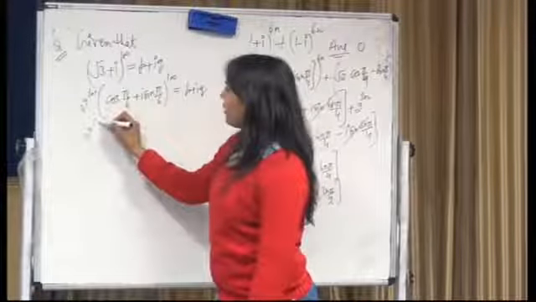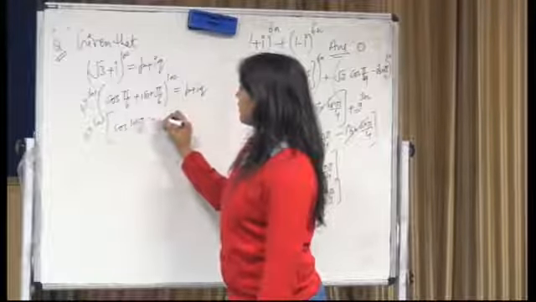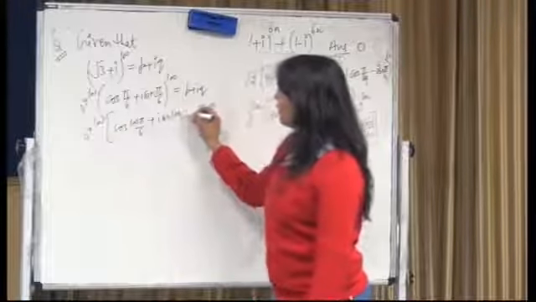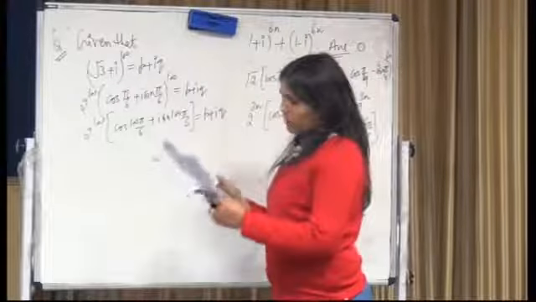So 2 to the power 100 cos of 100 pi by 6 and sine 100 pi by 6. Equating the real and imaginary, you get the answer.